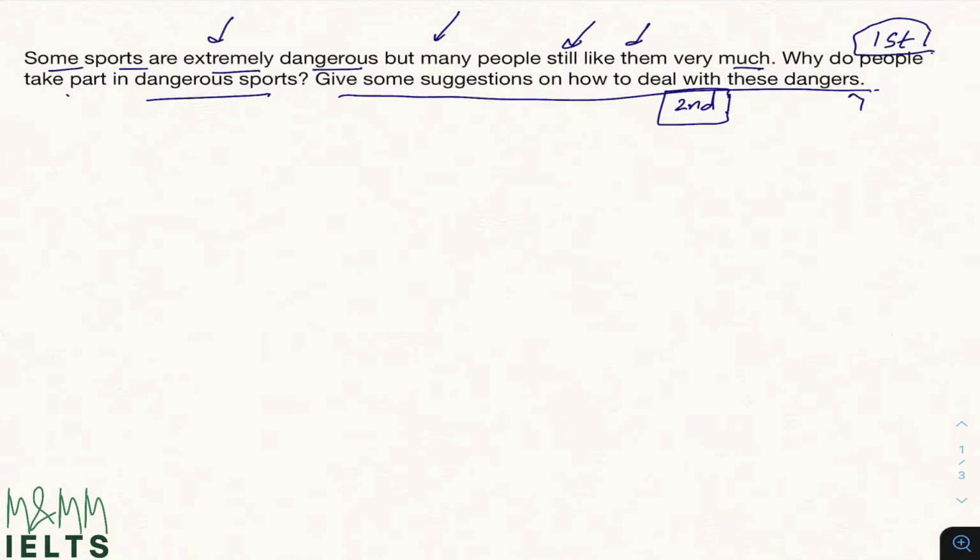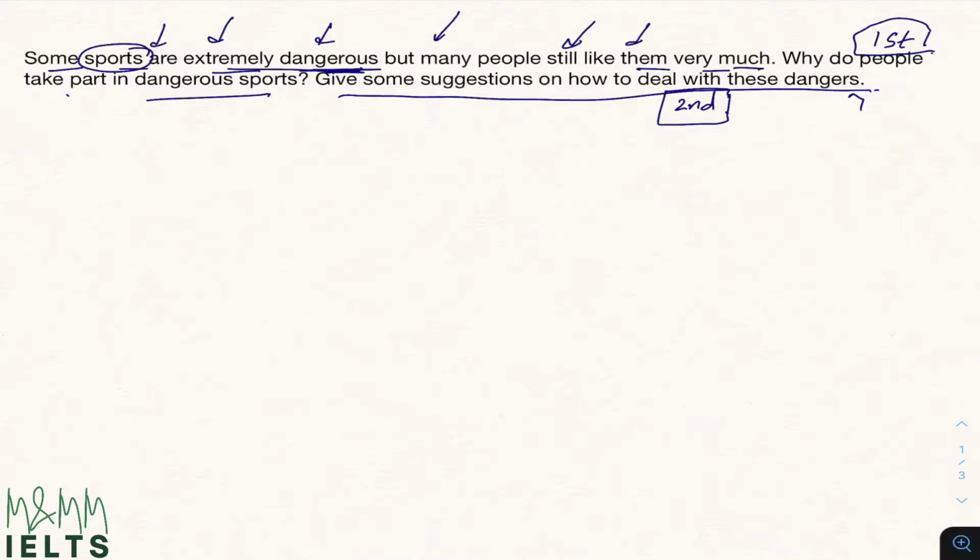Then, the moment I read my statement, what comes to my mind? It says some sports are extremely dangerous, but many people still like them very much. Now, everyone has got their different opinion about dangerous sports. You might feel that tennis is the most dangerous sport, whereas some other person might feel that surfing is the most dangerous sport.